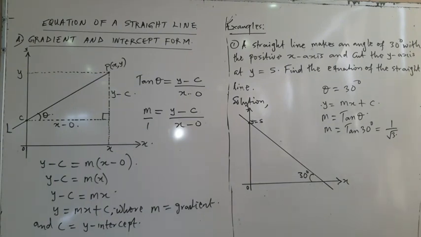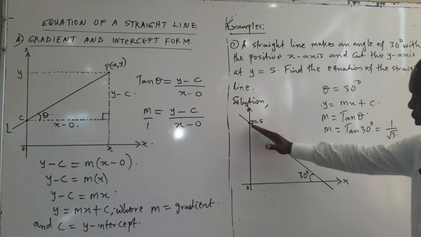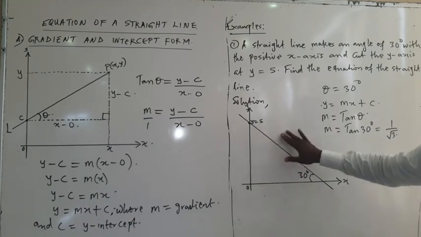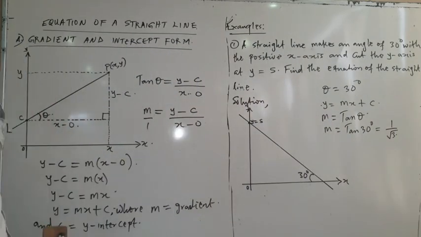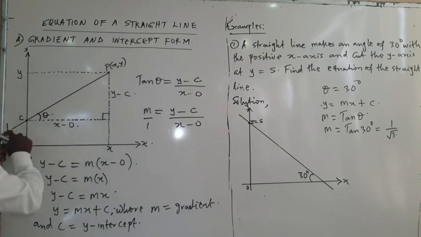But remember this, we have two types of slope. We have the positive slope and the negative slope. If our line runs as we have it here, it means we are going to have a negative slope. From the proof of the first theorem, the gradient intercept form, the type of line we have there has a positive slope because we move from the down part up, giving a positive slanting line.